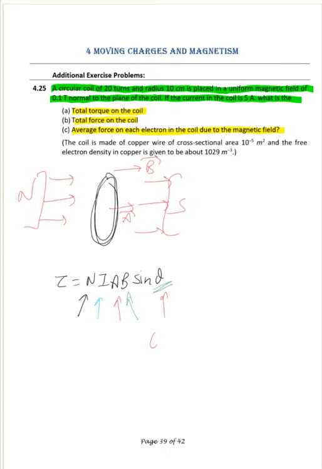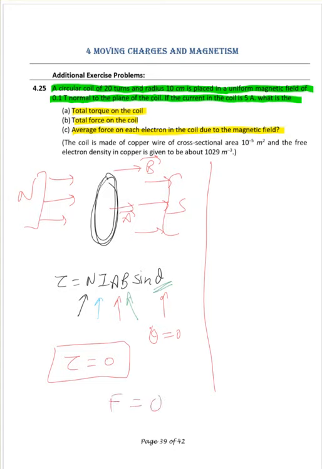If theta is 0, what is sine theta equal to? With theta equal to 0, sine 0 will be 0 and hence torque will be 0. So torque will definitely be 0 and in this situation the force will also be 0.